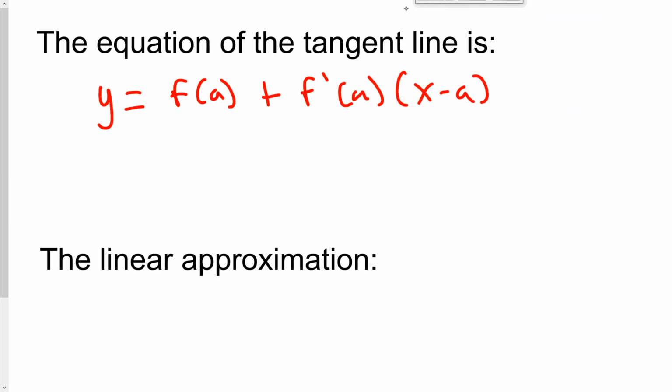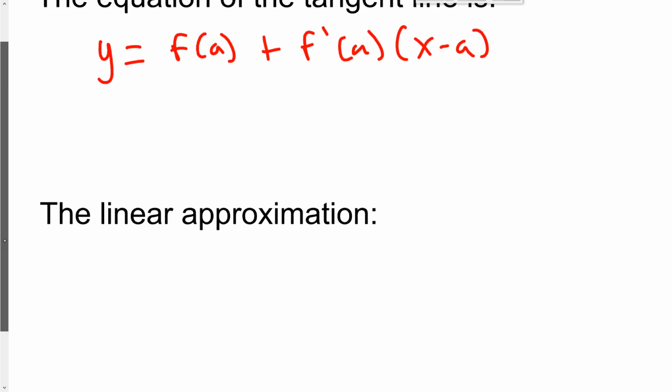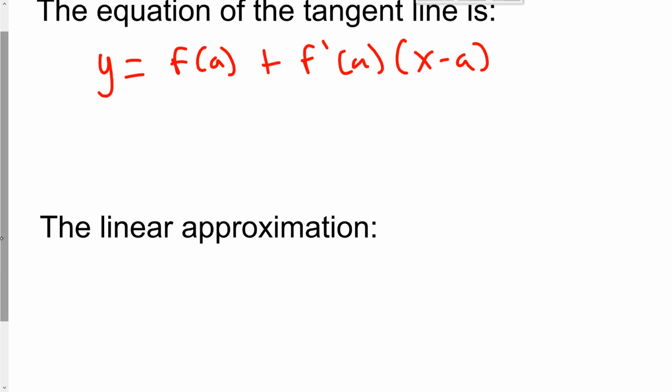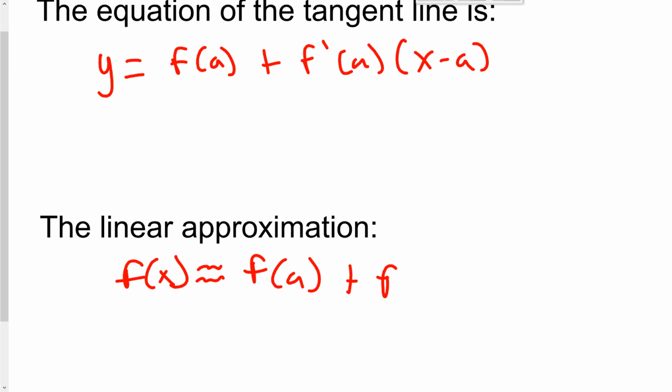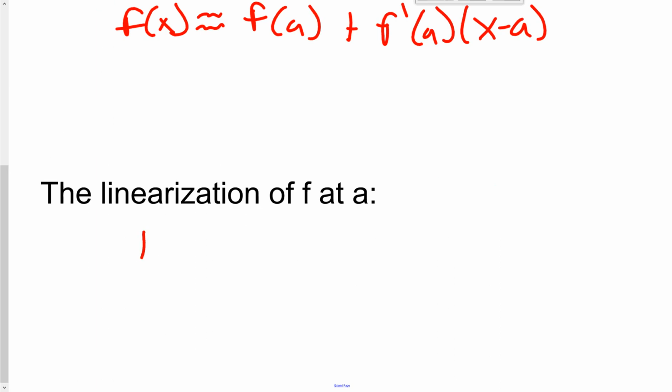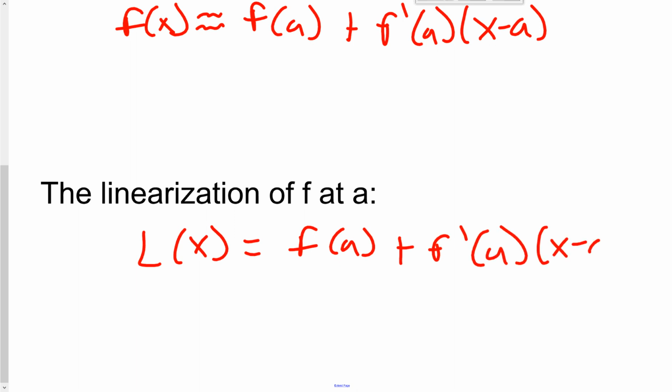So the equation of the tangent line is y equals that; the linear approximation is f of x approximately equal to the same equation; and the linearization is L of x equals that equation. So when the book is asking you to do different things, you're really using the same equation. This is approximation, this is linearization, and the tangent line is just y equals.